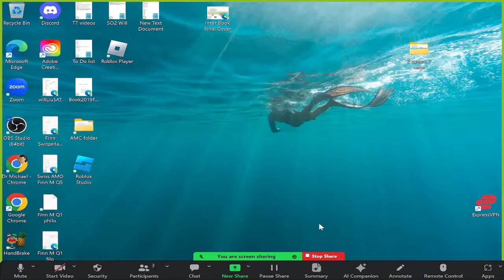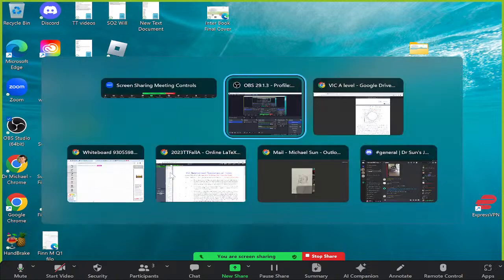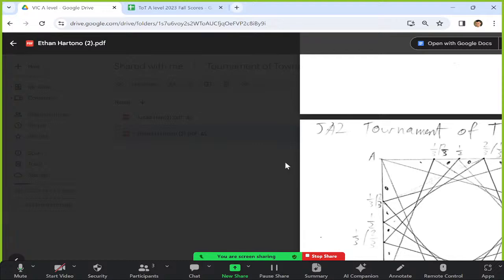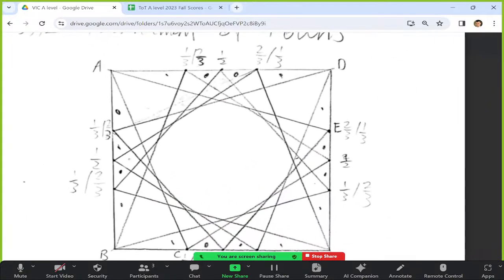Green. Doesn't seem to be working. Okay, so if I bring this back up, yeah, that should be a bit better, right?